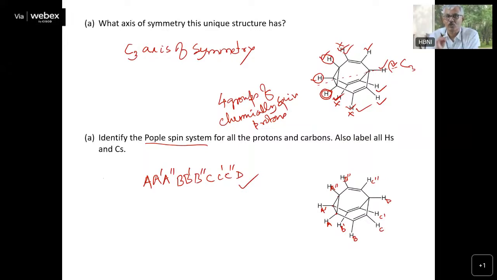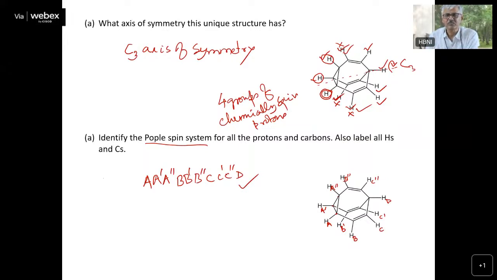Whenever there is such kind of structure, your first job is to find out if there is any symmetry present, whether a plane of symmetry, axis of symmetry, or center of symmetry is there. In this molecule there is only a C3 axis.